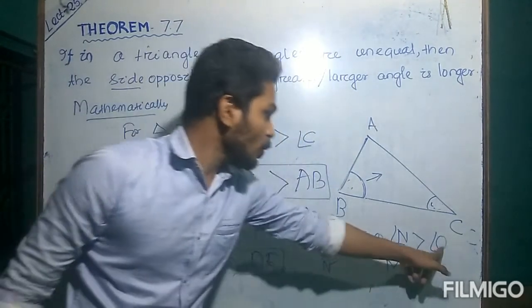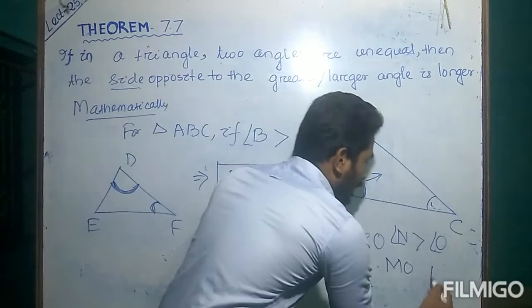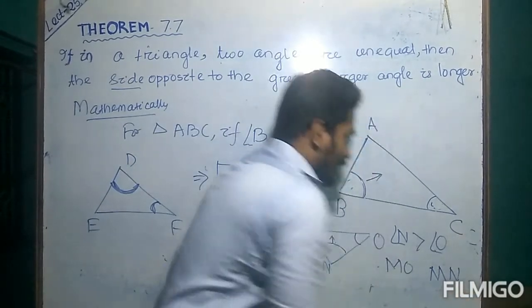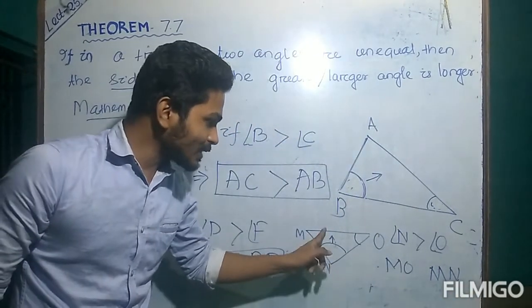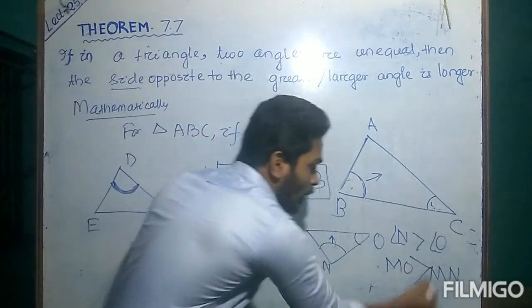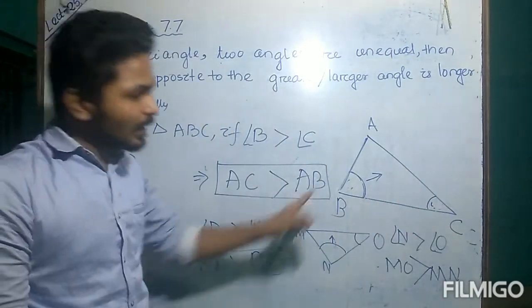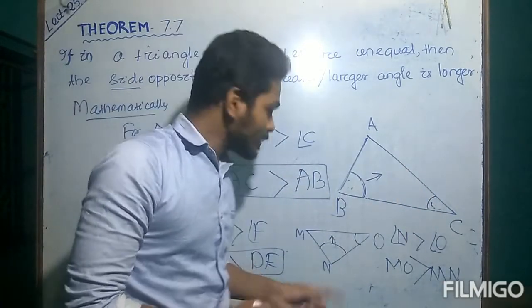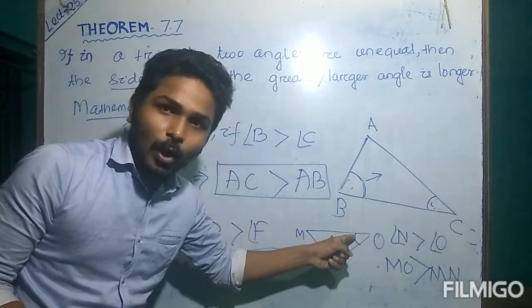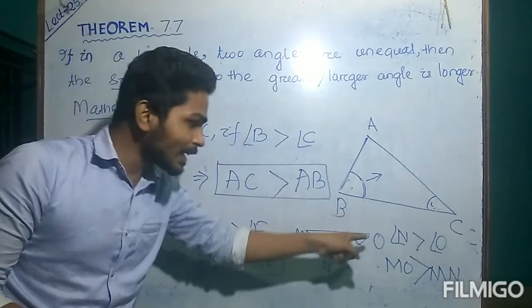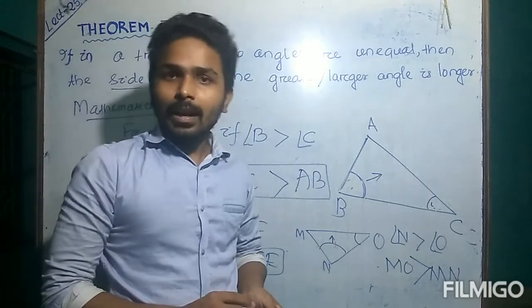The opposite side of O is MN. Longer means greater than the other side, which is the opposite side of the smaller angle. Understood?